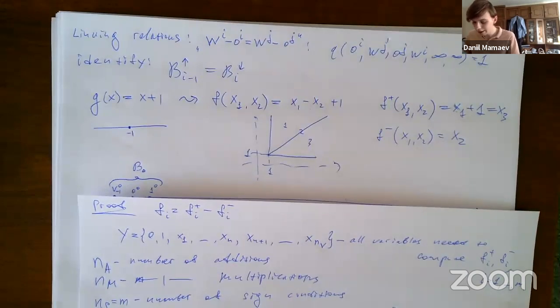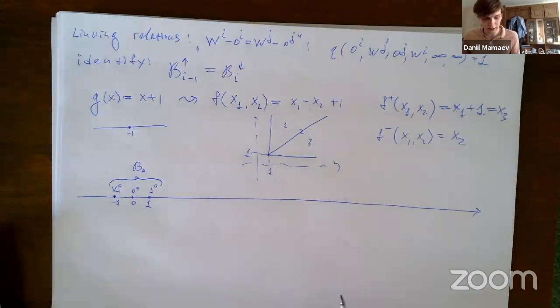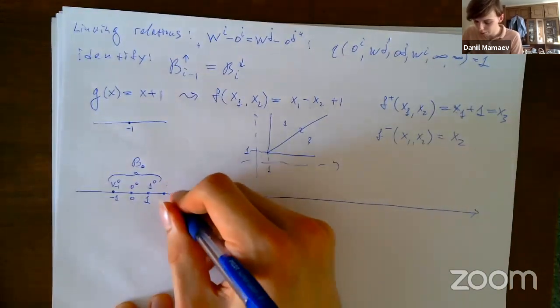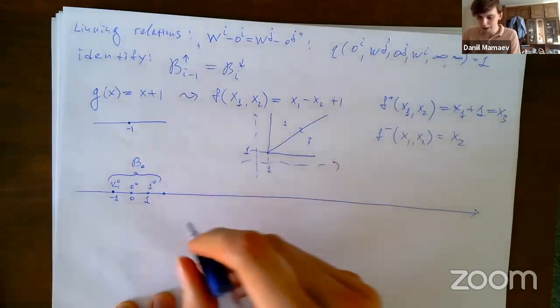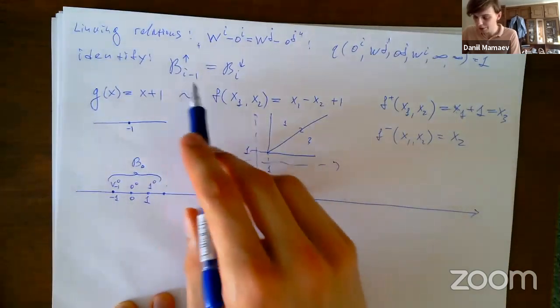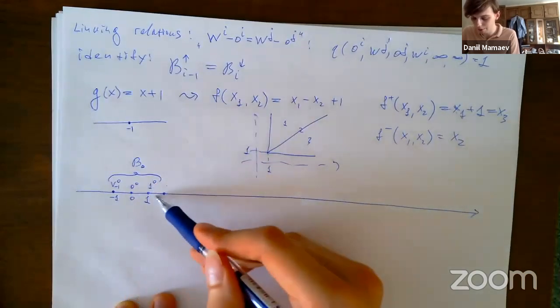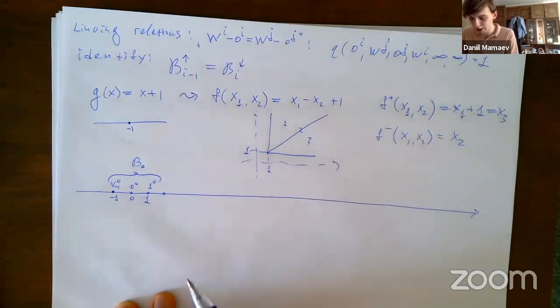Then we introduce the next cluster. We identify the first point in the first cluster with the last point in the 0th cluster.